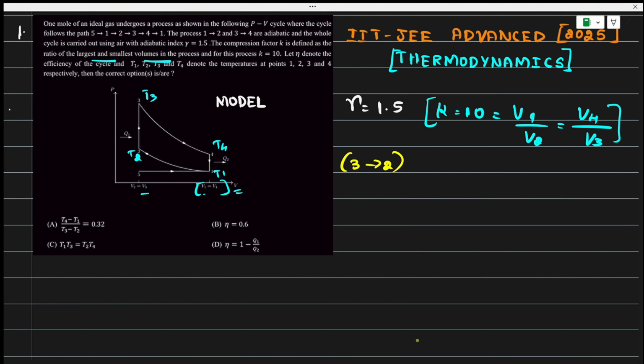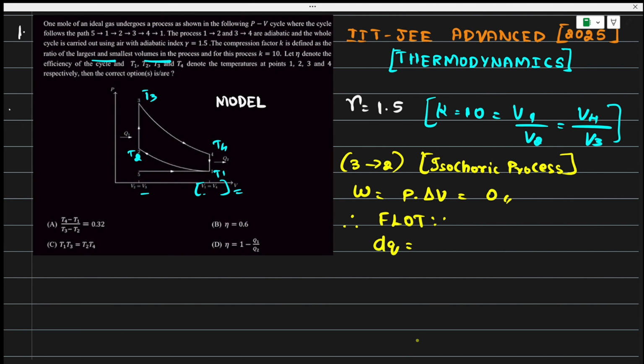Look here, V2 equal to V3, which means it is an isochoric process. Since this one is an isochoric process, the work done, P into change in volume, is 0 because there is no change in volume, V2 equal to V3. Now, as per the first law of thermodynamics, dq is equal to du plus dw.